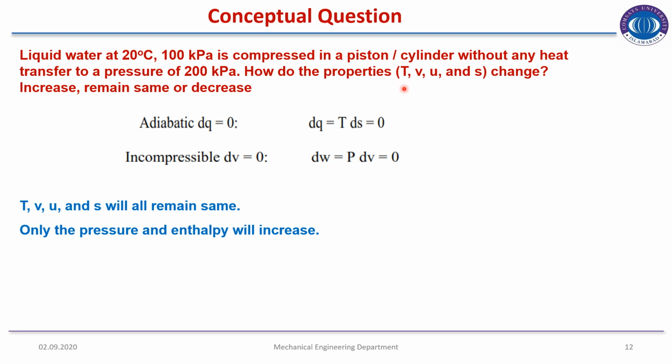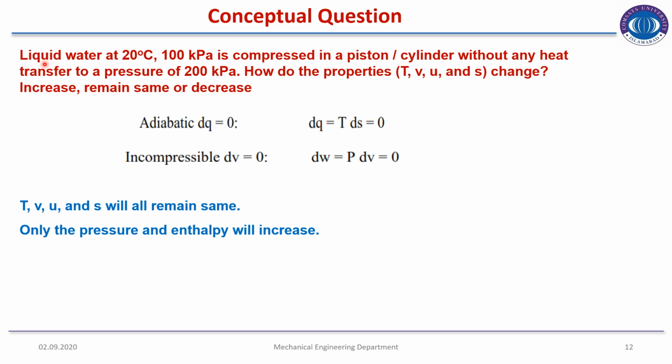So, as there is no heat transfer between system and surroundings, this is an adiabatic system, and dq is equal to T ds is equal to 0. And water is an incompressible fluid, therefore dv is equal to 0, and the change of work, p dv, is also equal to 0.